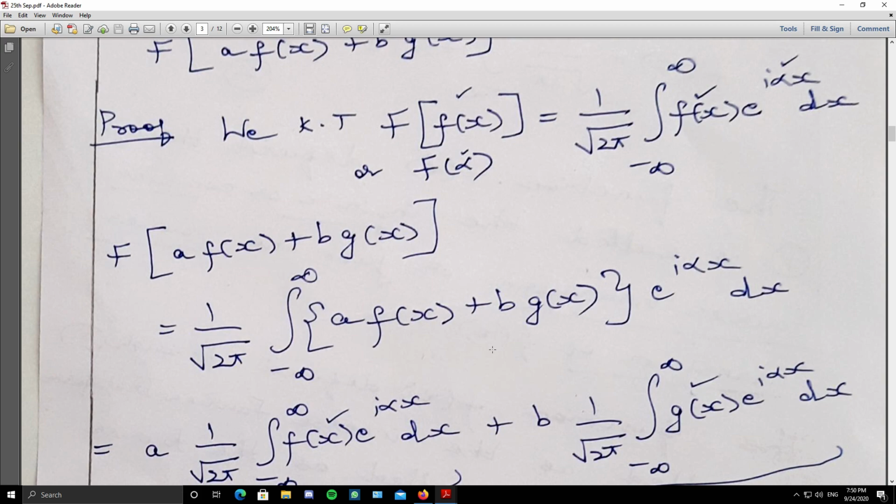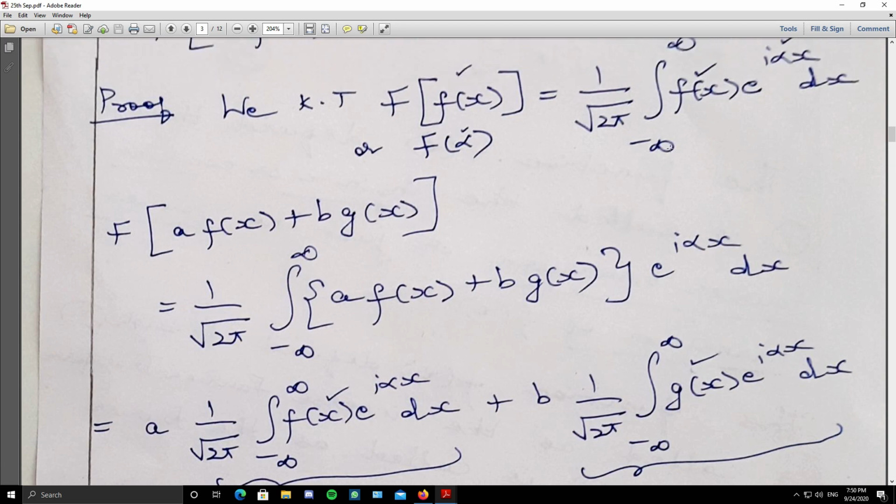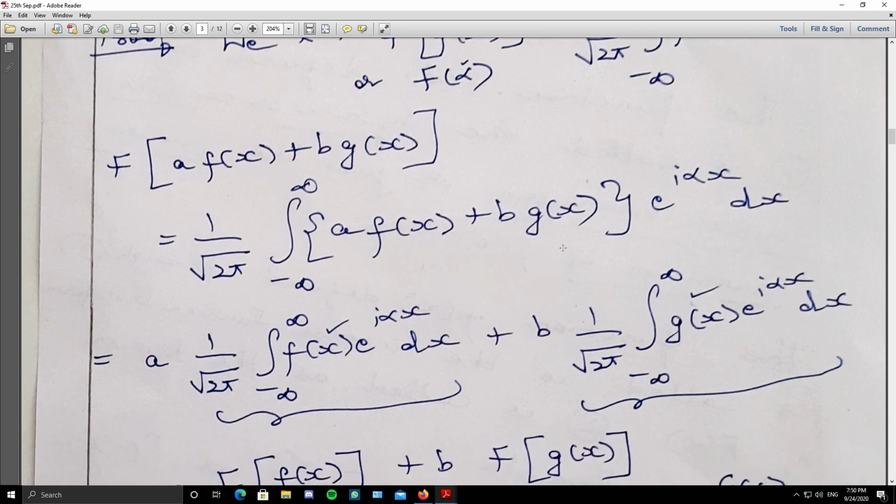So in place of f of x, a f of x plus b g of x. So 1 by root of 2 pi integral minus infinity to infinity a f of x plus b g of x e power i alpha x dx. Then split into two integrals. a and b are constants, so a is taken out: a times 1 by root of 2 pi integral minus infinity to infinity f of x e power i alpha x dx plus b times 1 by root of 2 pi integral minus infinity to infinity g of x e power i alpha x dx.